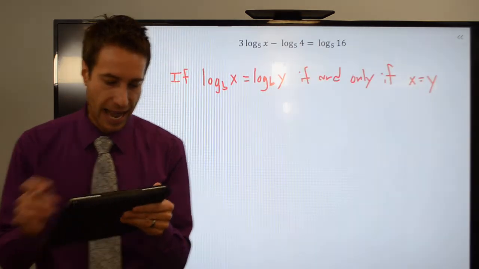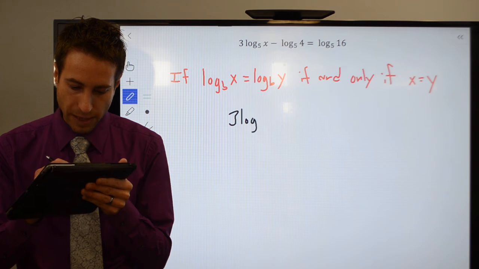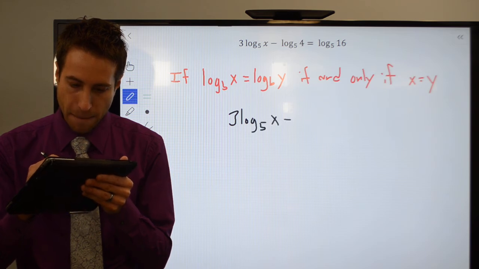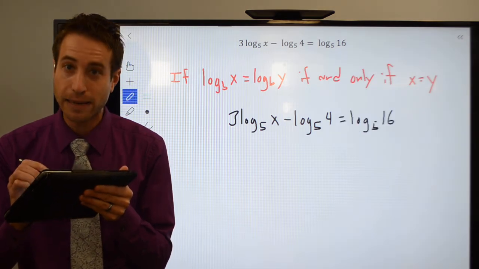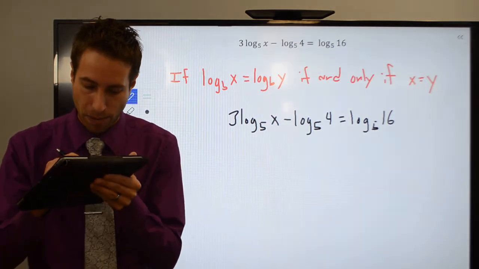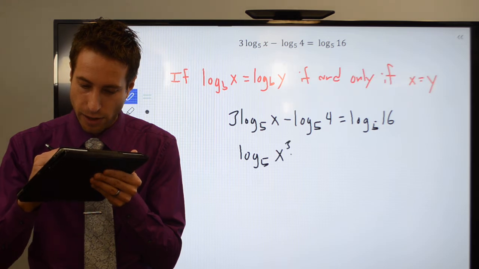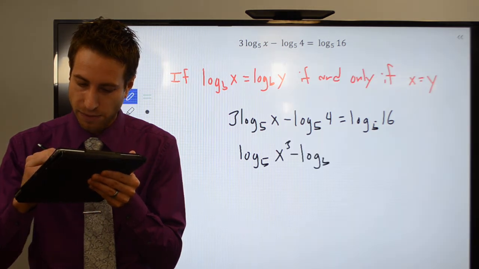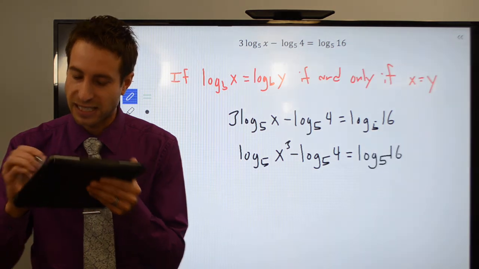Now let's go ahead and do it. So here's what I've got. I've got 3 log base 5 of x minus log base 5 of 4 equals log base 5 of 16. I can rewrite this. That 3 becomes the exponent thanks to the power property. So log base 5 of x to the third minus log base 5 of 4 equals log base 5 of 16.